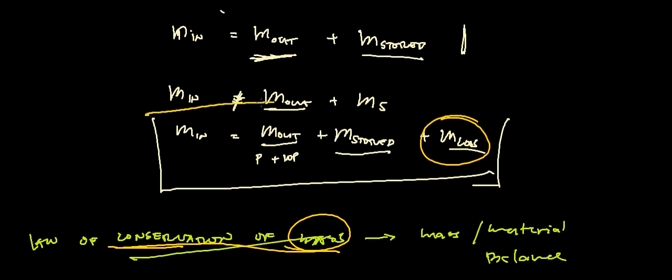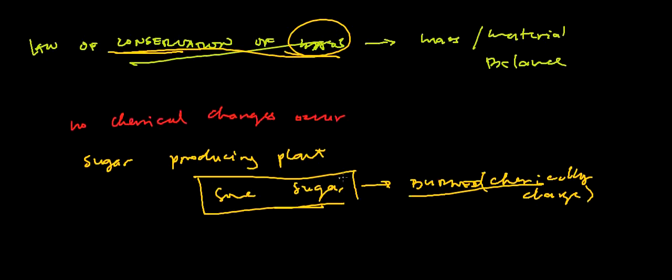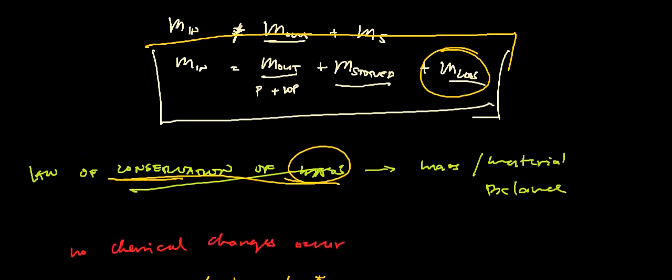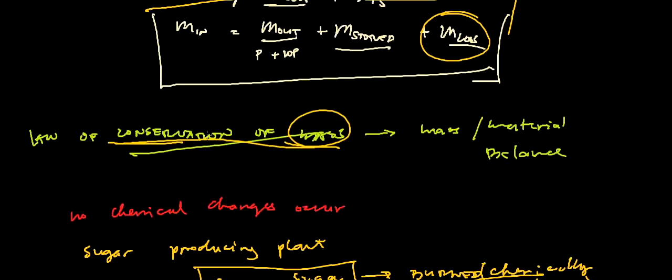So all in all, the sugar that is going into the system must be equal to the refined sugar, that is the material output, plus some sugar stored in the plant, plus some losses, which in our example is the sugar being burned during the process. We need to remember this law of conservation of mass, wherein the mass is being conserved.